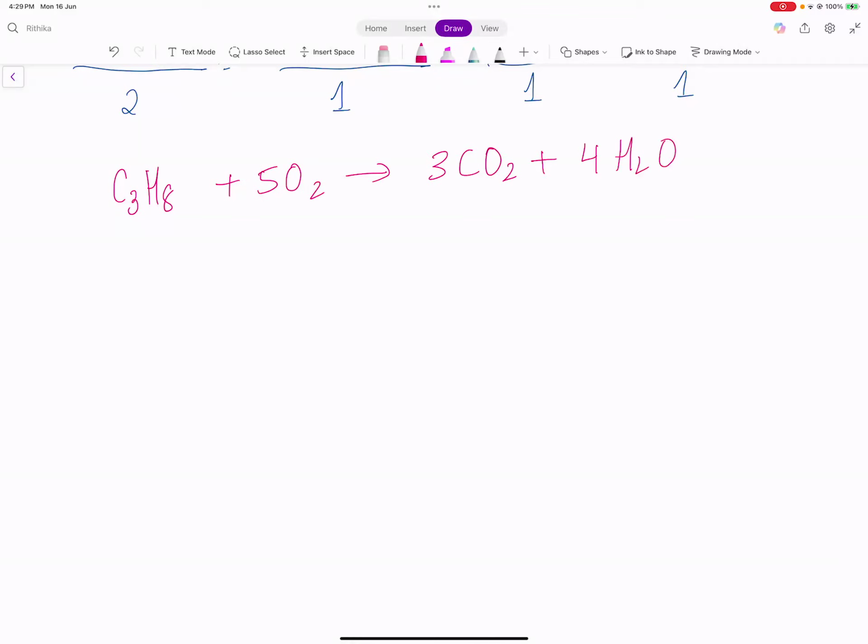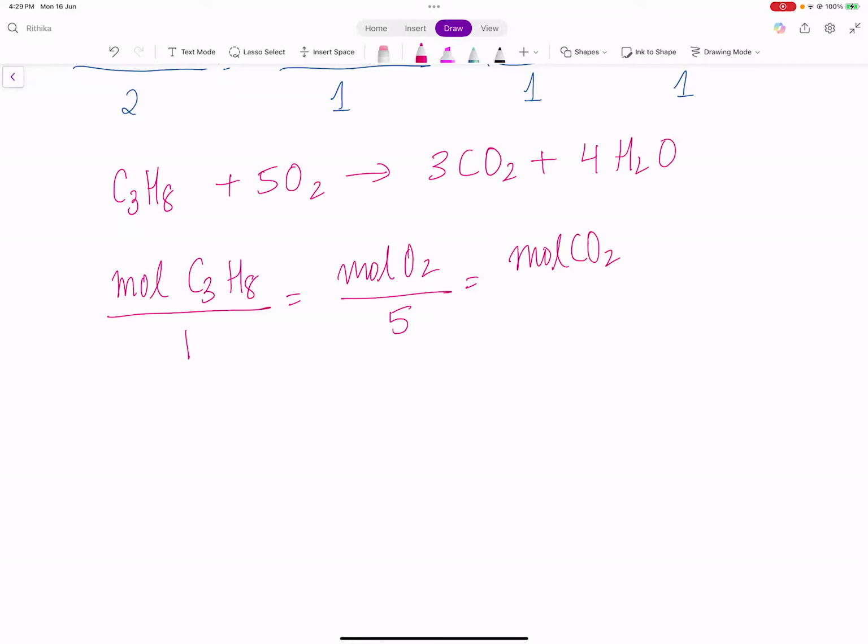From here I can write mole C3H8 by mole O2, mole CO2 by, mole H2O by.